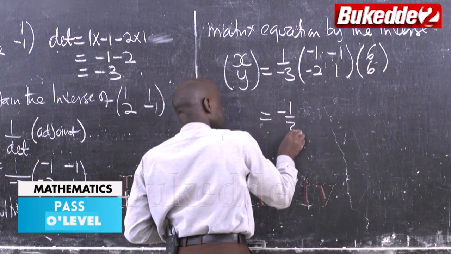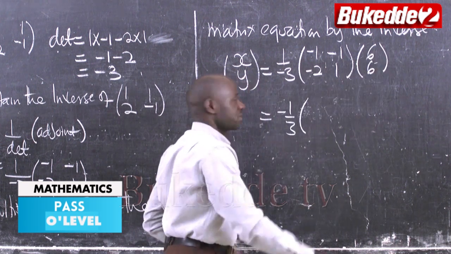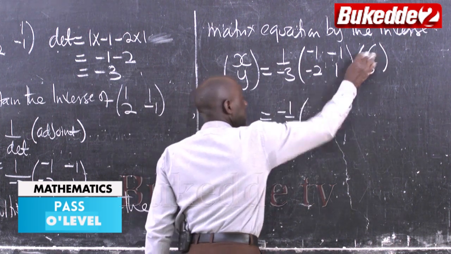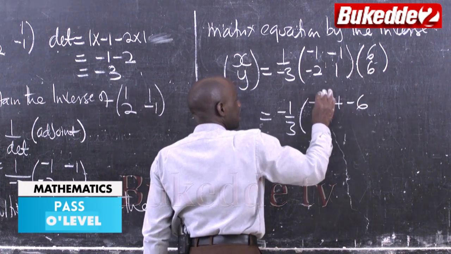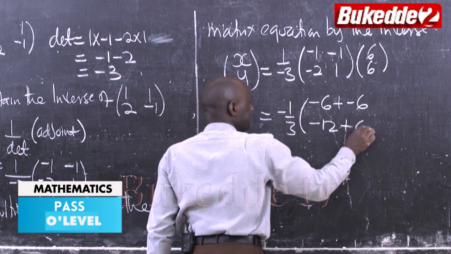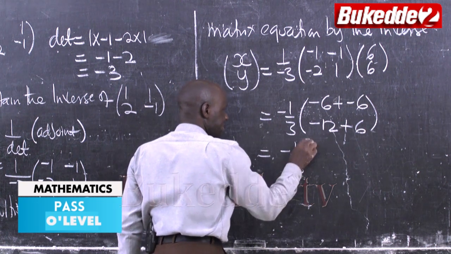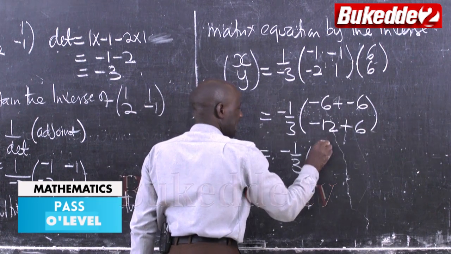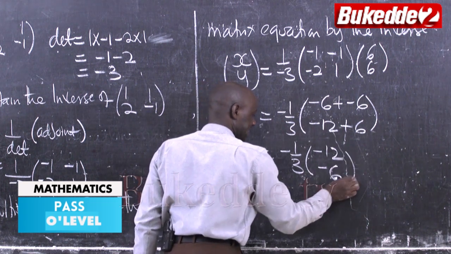Please realize that we can multiply a row with a column, where we're having -1 times 6 gives us -6 plus -6, and then we have here -12 plus 6. This is going to give us -1 over 3 into -12, and then here -6.